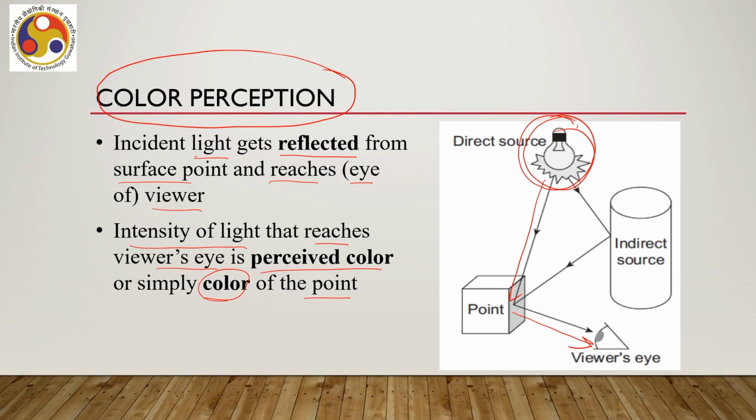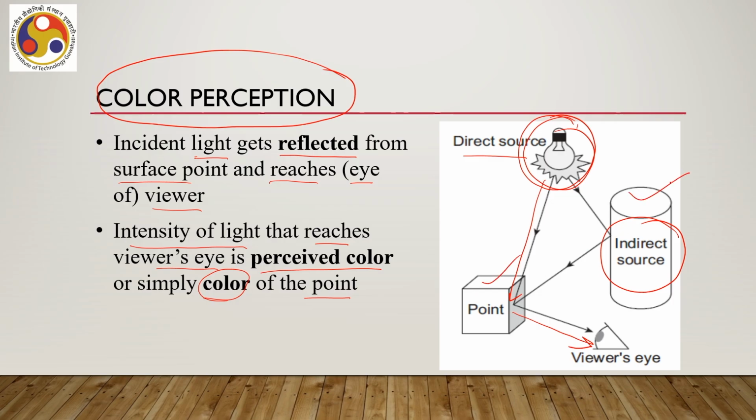It may be noted, one more thing to be noted here is that when I say that the light rays after getting reflected come to our eyes, that is not only the light rays due to the direct source. As you can get the idea from this figure, there can be indirect sources, that is objects surrounding the particular object we are talking about, this one.